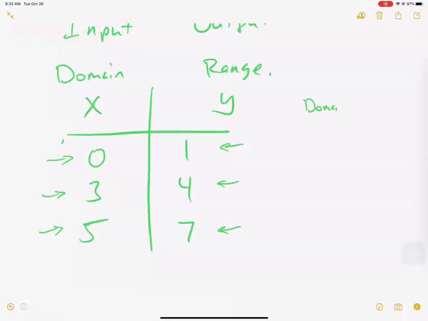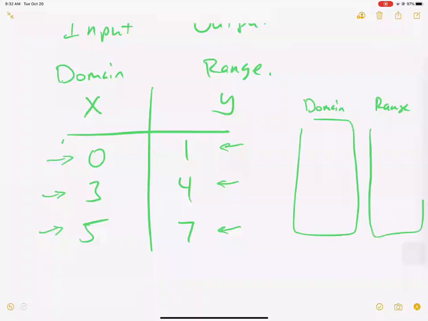So domain and range, they usually draw them in boxes. If I say, what x values do you see here? I see the x values 0, 3, and 5. What output values do you see? I see the values 1, 4, and 7.